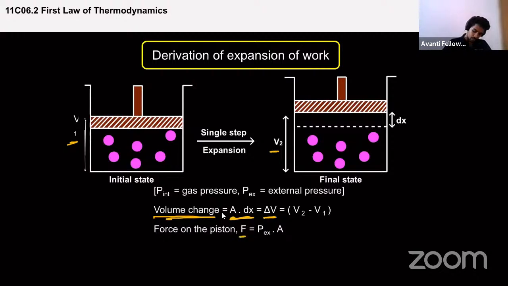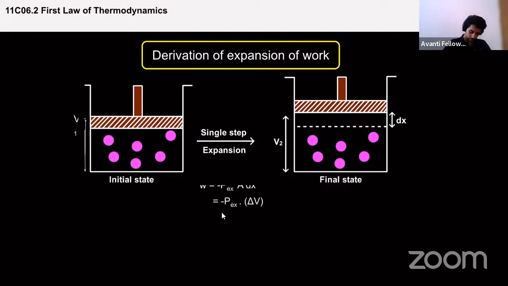Force is equal to pressure external into area. Now work is done against external pressure, right? What is the volume change? Work done by the system, that's why we'll write it as minus P external into delta V, where delta V is V2 minus V1.